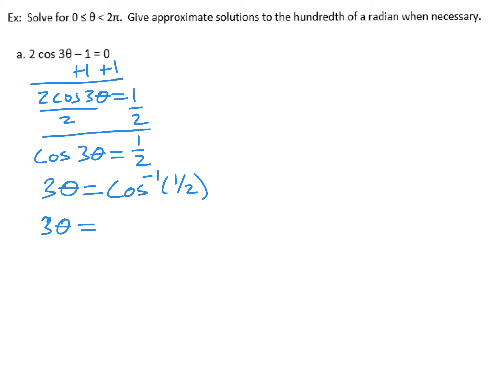And if I go to the unit circle, I would find 2 spots where cosine is a half. Pi over 3, 5 pi over 3, okay? This is the part where we get into that coterminal thing, okay? So coterminals, I can add 2 pi, right?